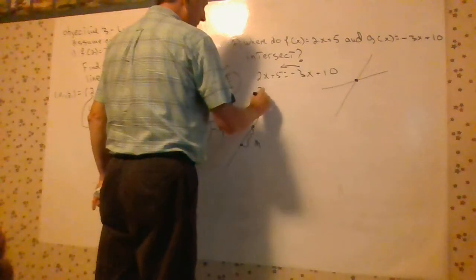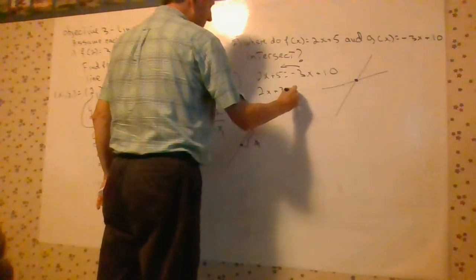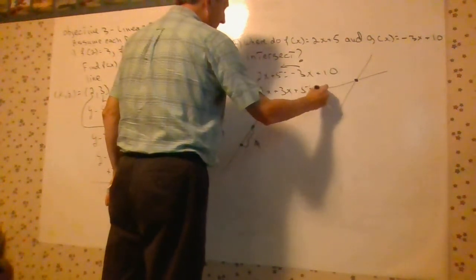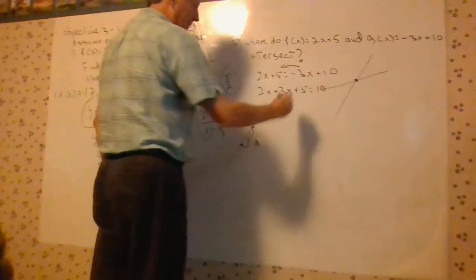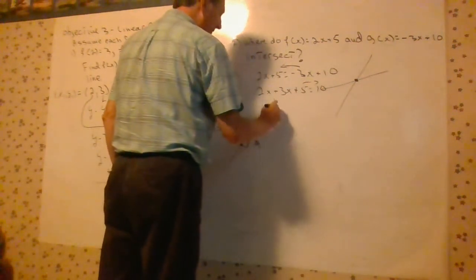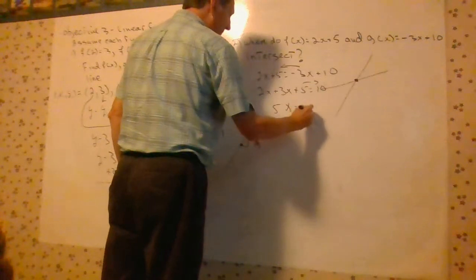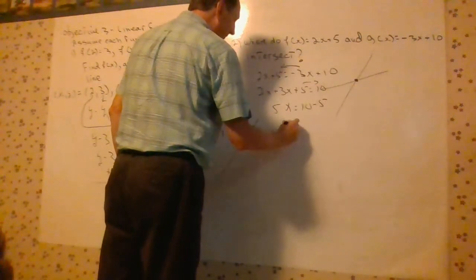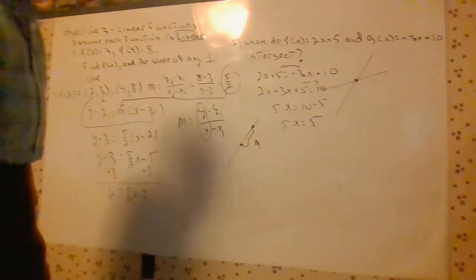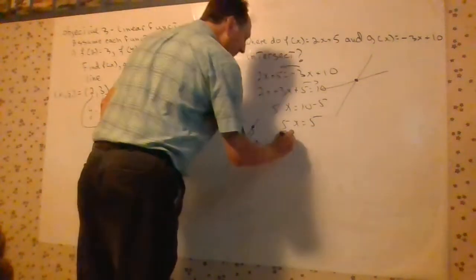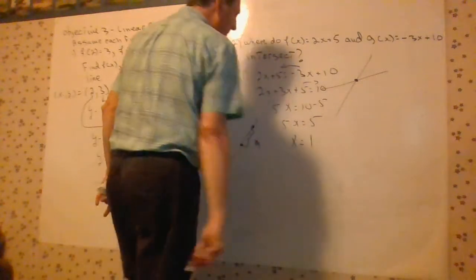Move the 3x over here. Okay, you can situate the algebra however you want. Move the 5 over here. 5x equals 10 minus 5. 5x equals 5. x equals 1.